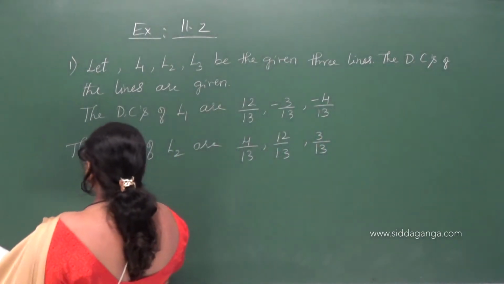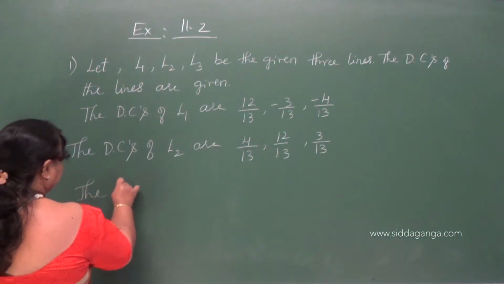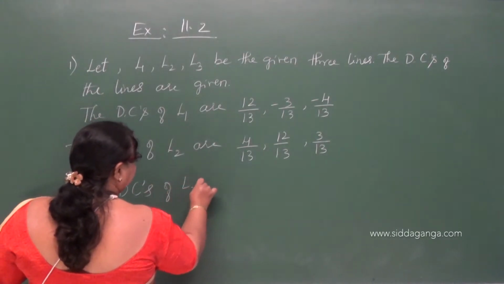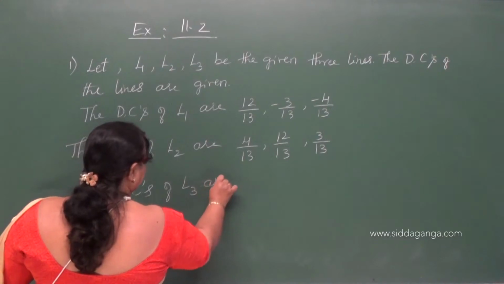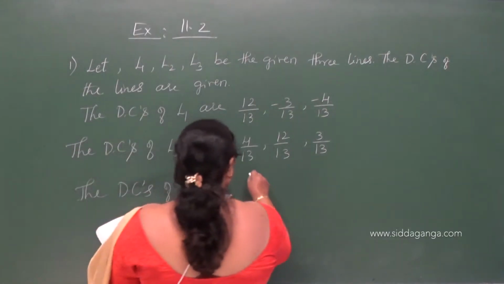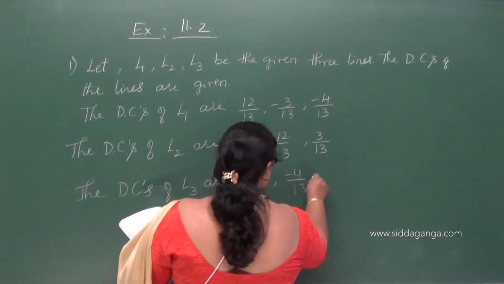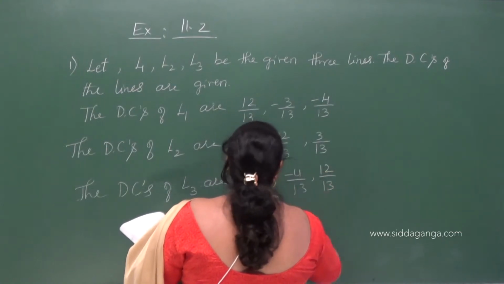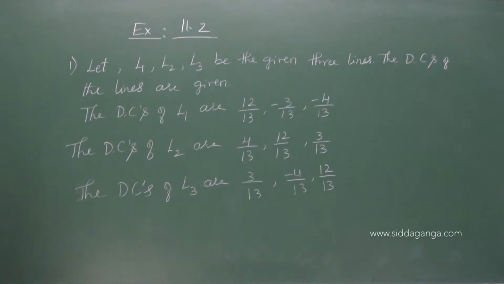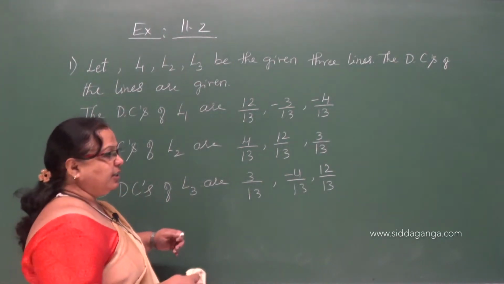The direction cosines, not ratios here, sorry, of the third line L3 are 3 by 13, minus 4 by 13 and 12 by 13. We have to prove that the three lines are mutually perpendicular to each other.